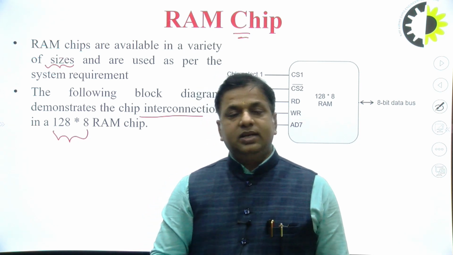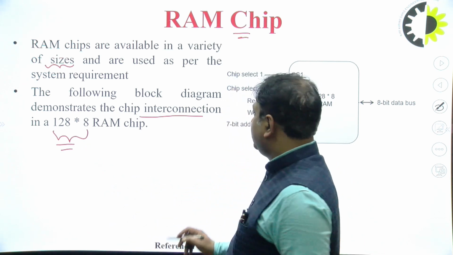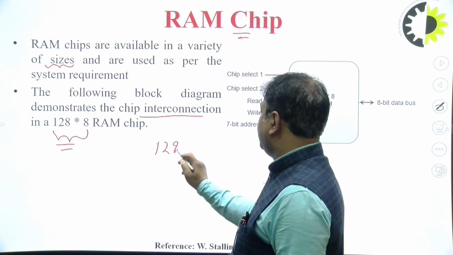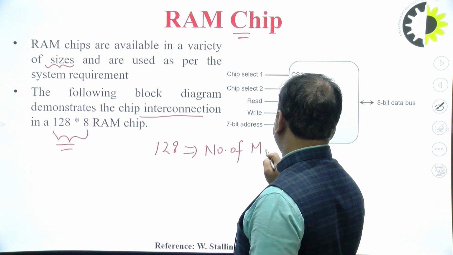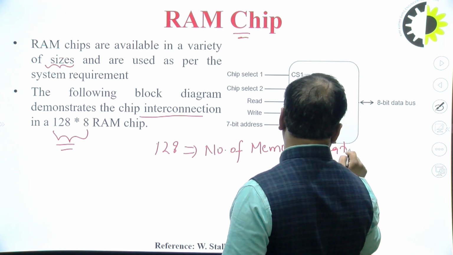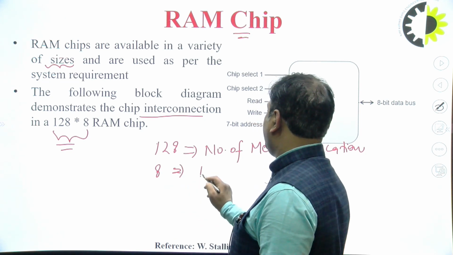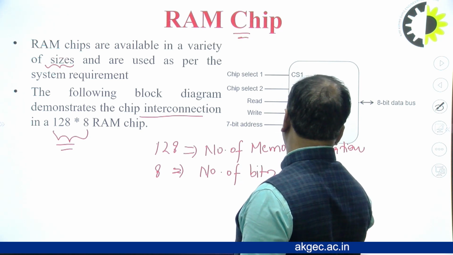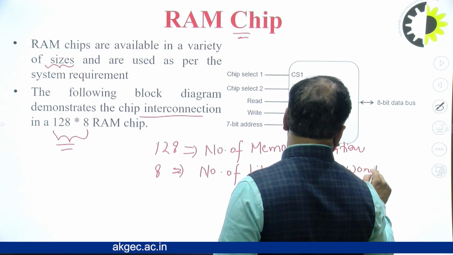The important thing is the size of a memory. The size of the memory is represented in this way, 128 into 8. The meaning of 128 into 8 is: 128 represents the number of memory locations, that means how many words can be accommodated, and 8 is the number of bits in each word or location.